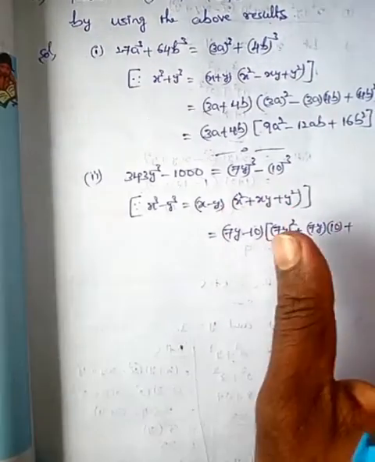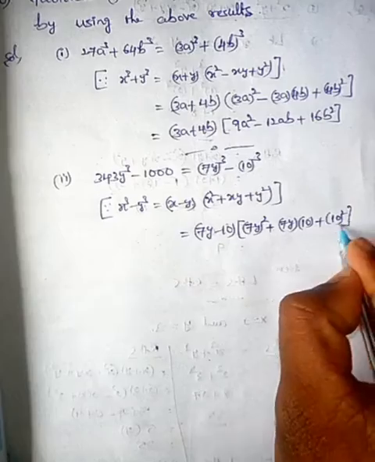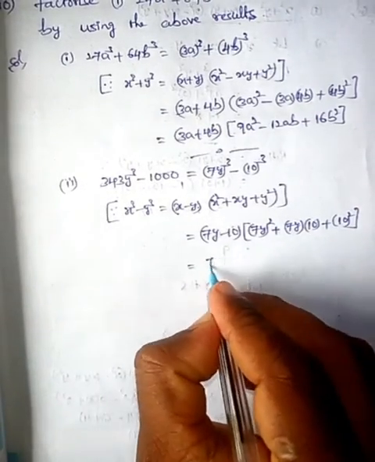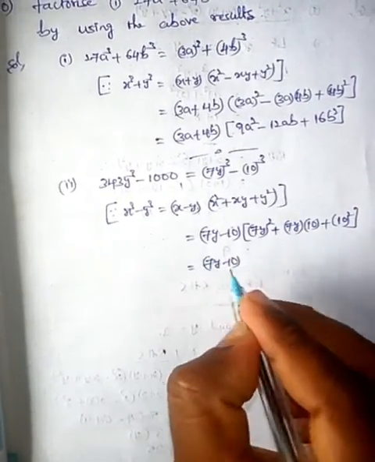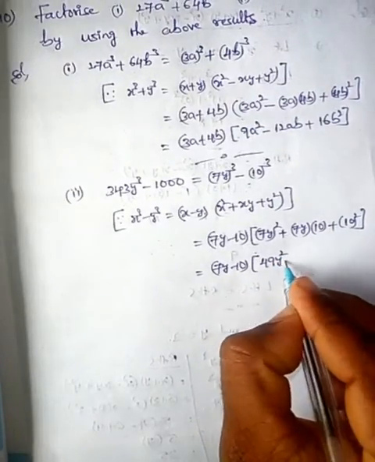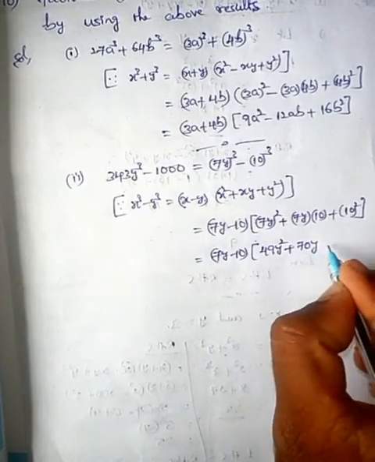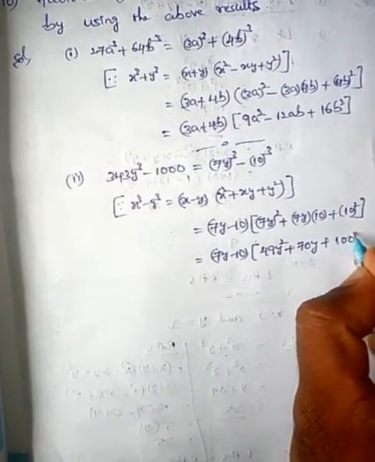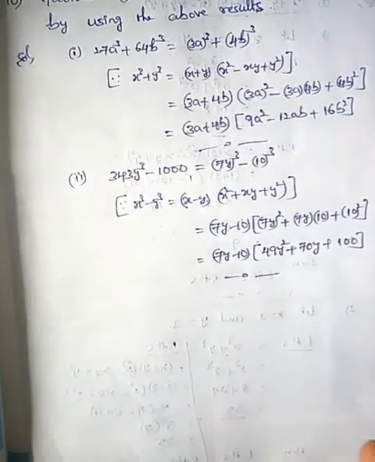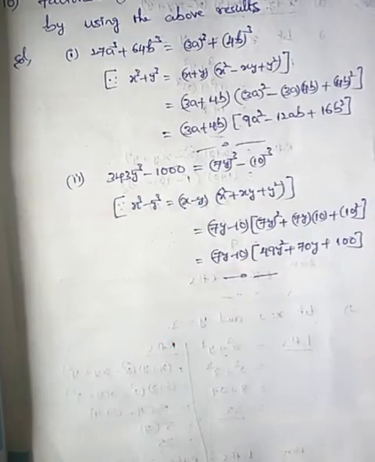What is y here? 10. So that is 10 square. Therefore 7y minus 10 into 7y whole square, that is 49y square, 10 into 7, 70y, plus 10 square, that is 100. So this is the factorization of 343y cube minus 1000. Okay.